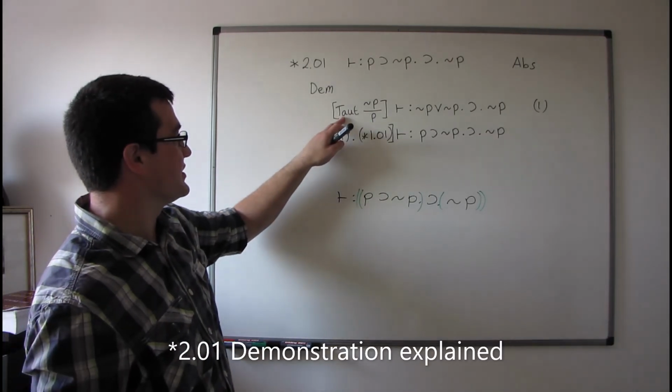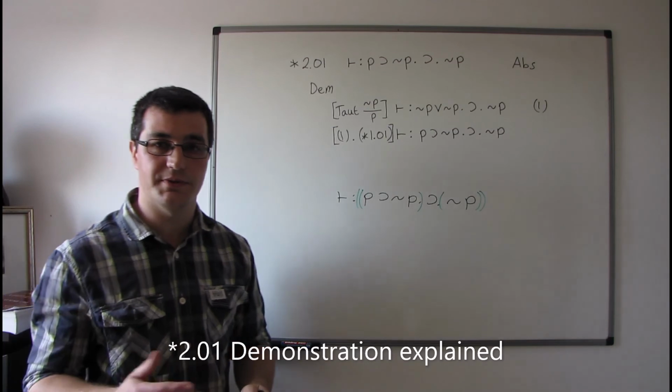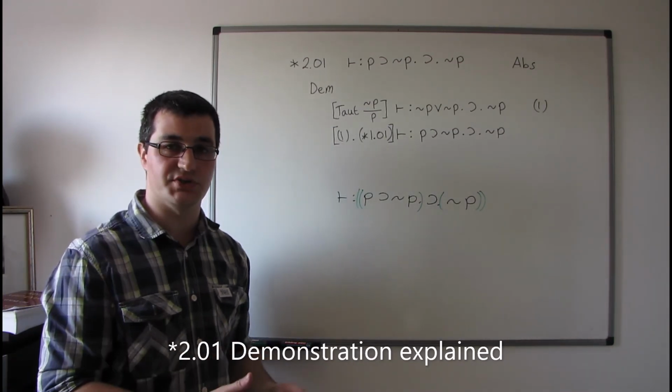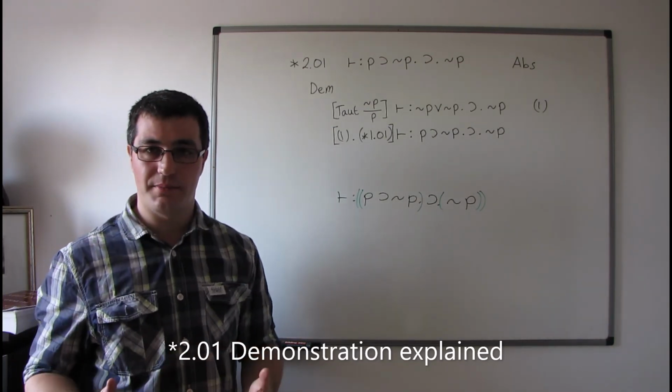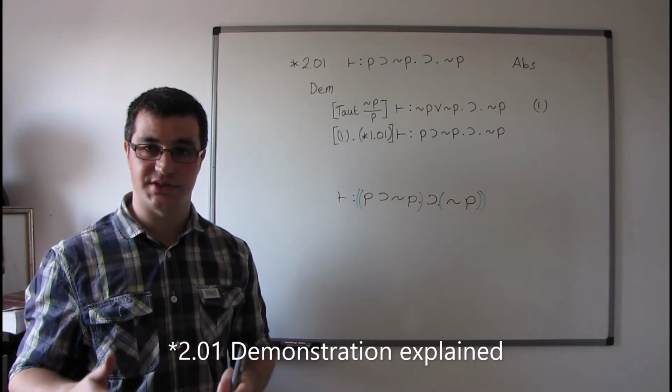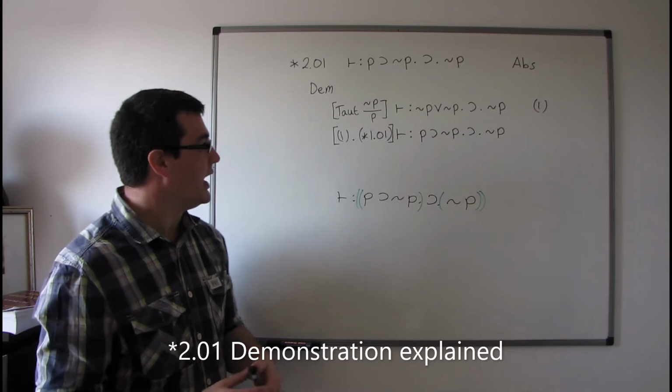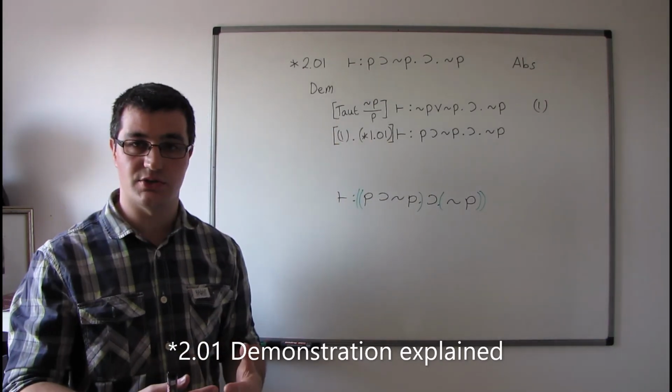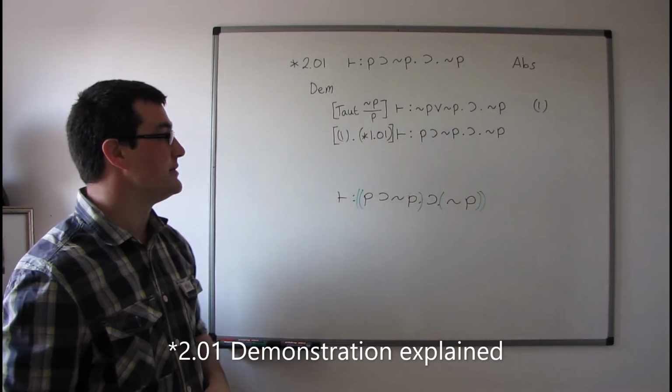Okay, so the taut, that's referring to primitive proposition 1.2. If you remember from the last video, proposition 1.2 actually has its own name, which is the principle of tautology, and taut is the abbreviation that we use to refer to that particular primitive proposition.